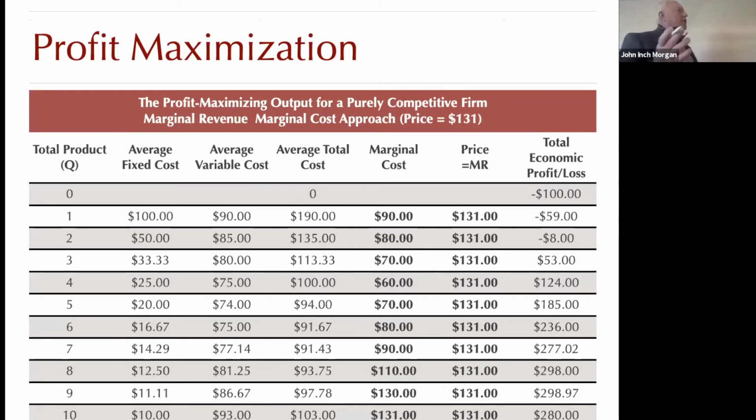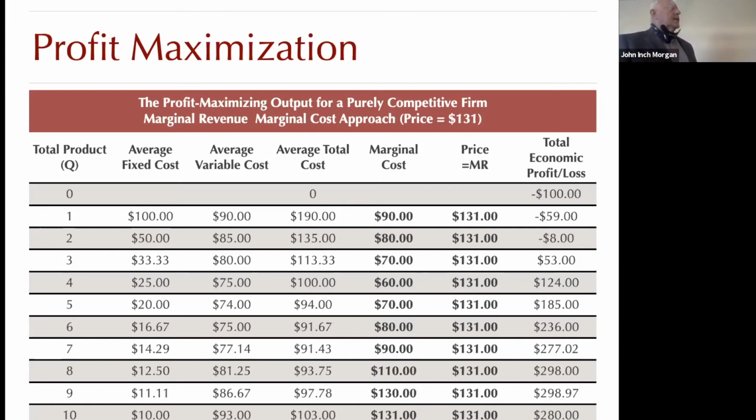Now, just in simple terms, if my cost of producing one more unit is greater than the revenue coming in, and marginal benefit is our revenue coming in, the idea is don't produce that other unit. If my benefit is greater than my cost coming in, then produce that unit.